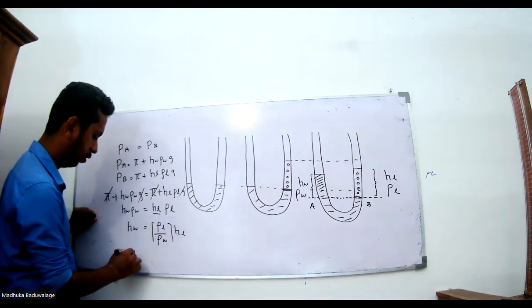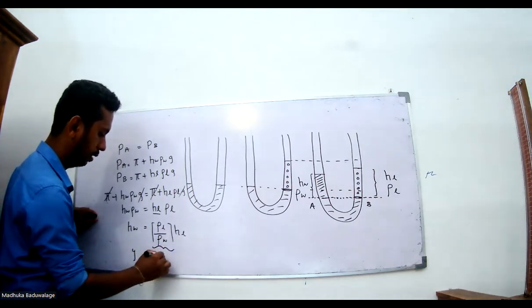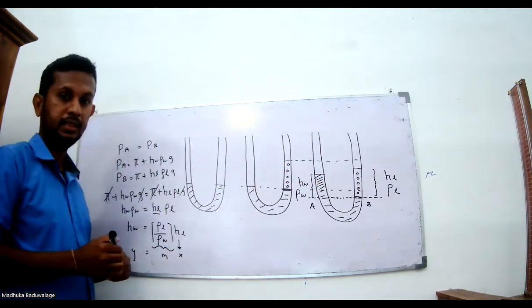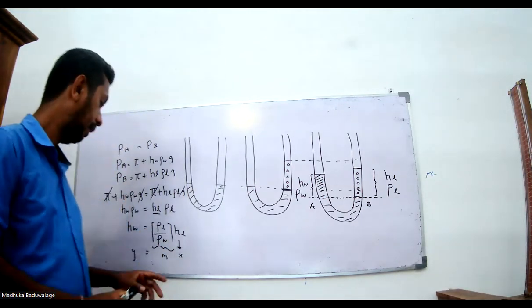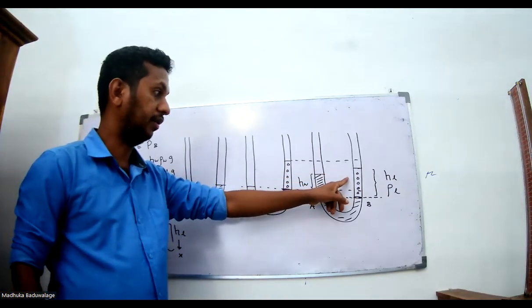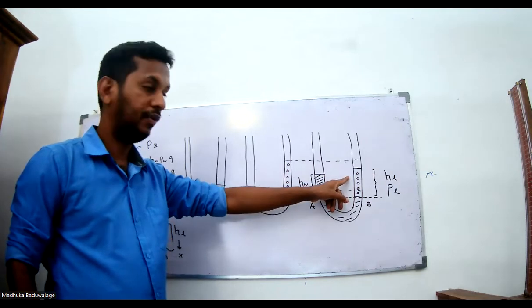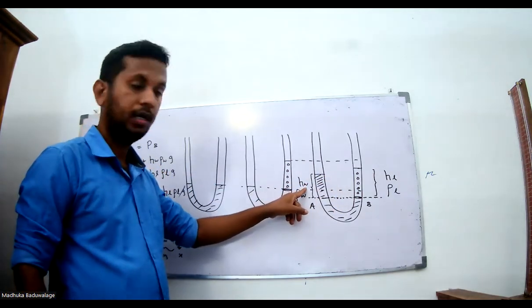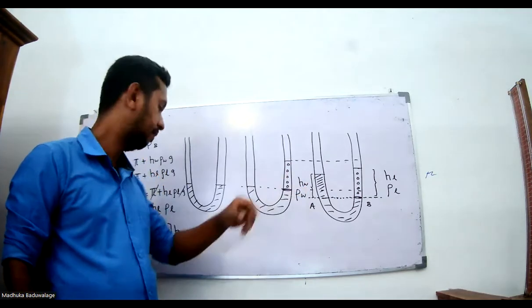So this has the format of y equals mx. In this experiment, we have to change the height of the liquid column and find out the relative balancing height of the water column on the opposite side.